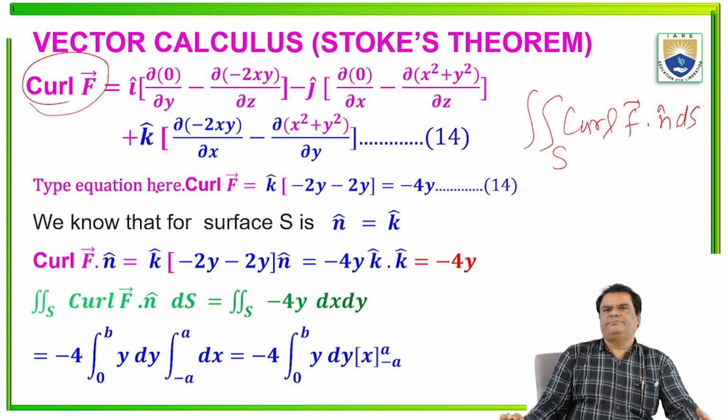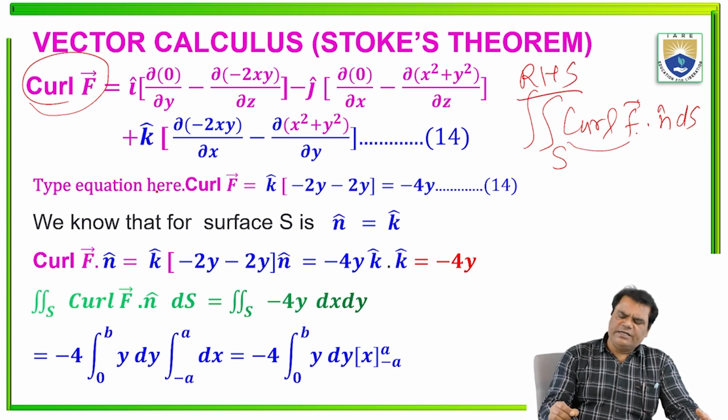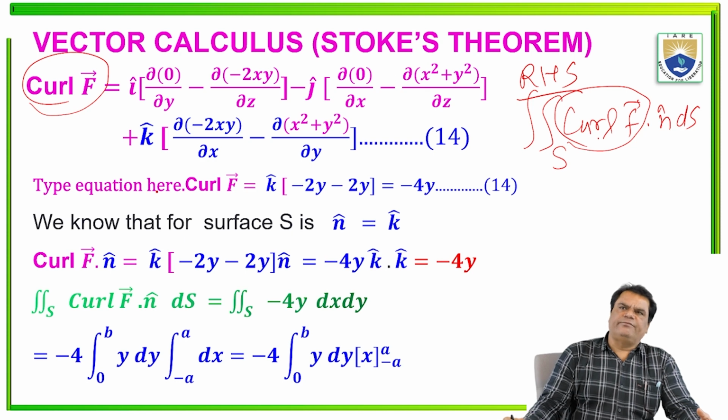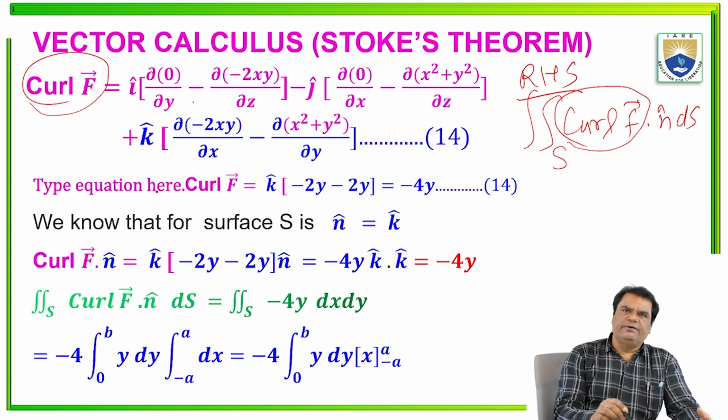This is the RHS of Stokes theorem. So first we find the curl of vector F, which we have already opened here.